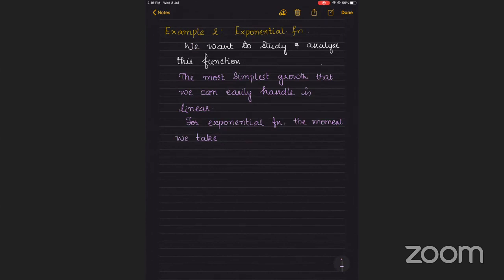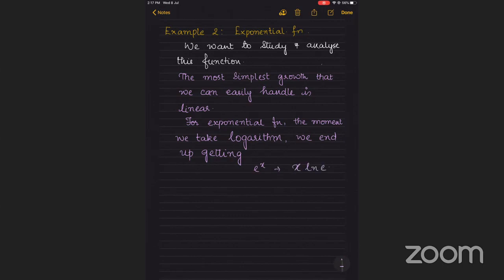For exponential, the moment we take logarithms, natural log or whatever, what do we get? If we have e power x, we end up getting x ln e, which is 1.